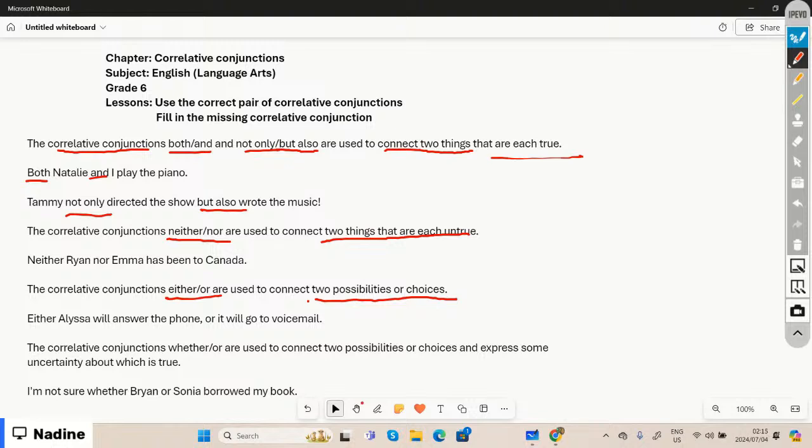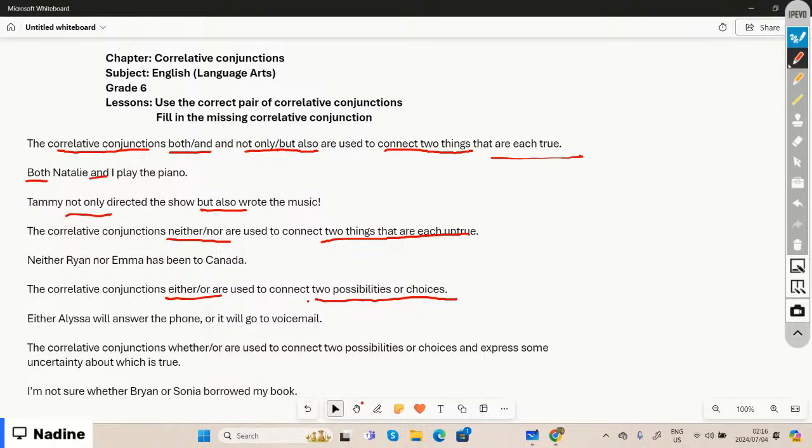So neither nor is used to show that two things are each untrue.